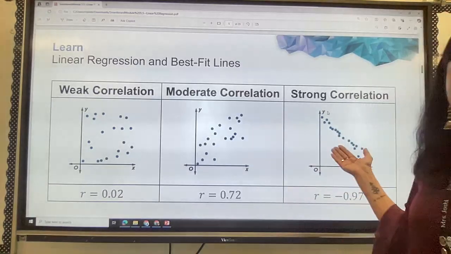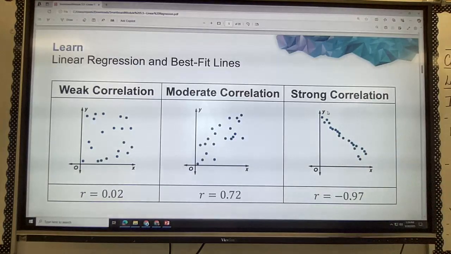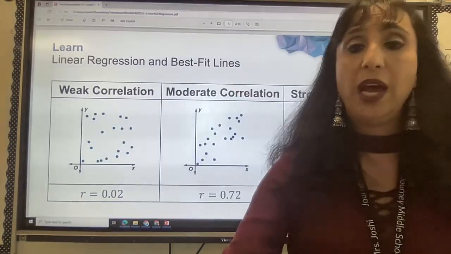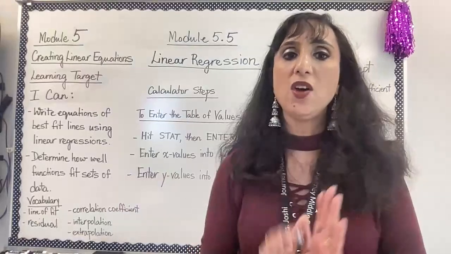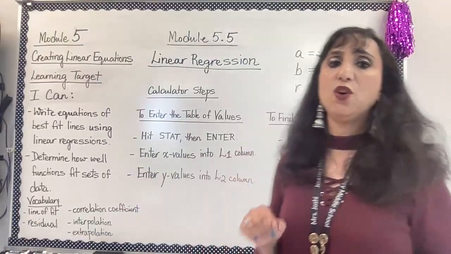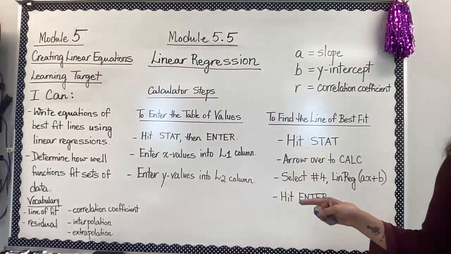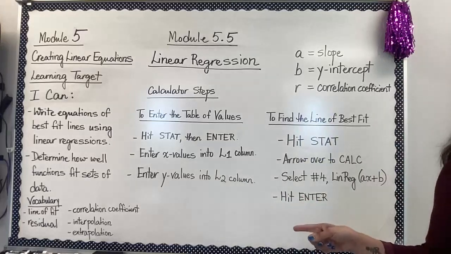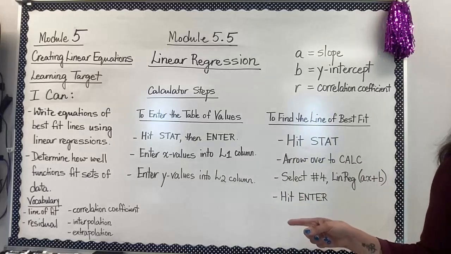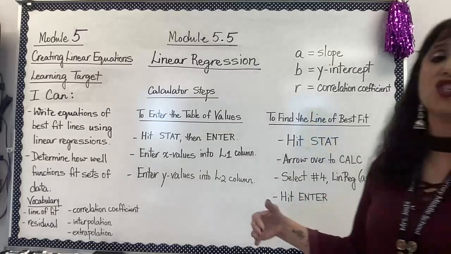These are 3 examples that I wanted you all to see. Now, let's just quickly talk about a few more things. The vocabulary: we have a line of fit. And what is a line of fit? It is a computer generated line used to model the correlation between 2 sets of data.